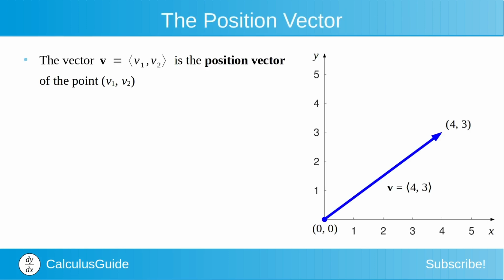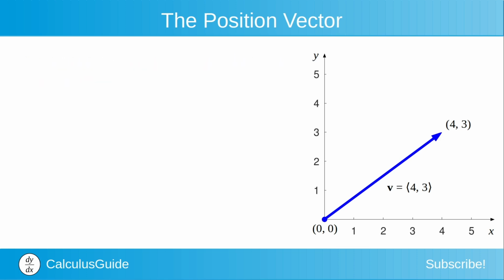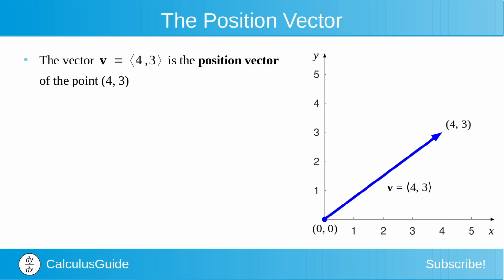The vector V equal to ⟨V1, V2⟩ is the position vector of the point (V1, V2). So the vector V equal to ⟨4, 3⟩, currently shown to the right, is the position vector of the point (4, 3).